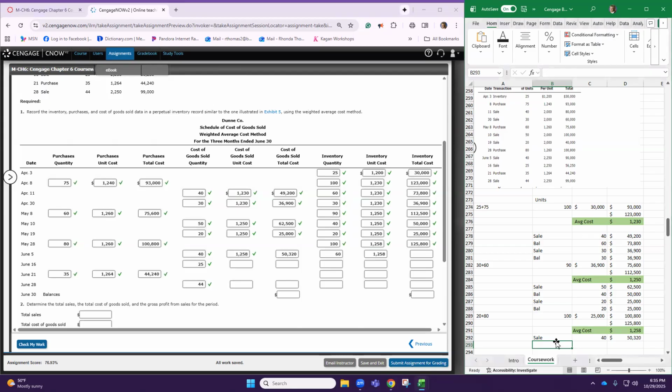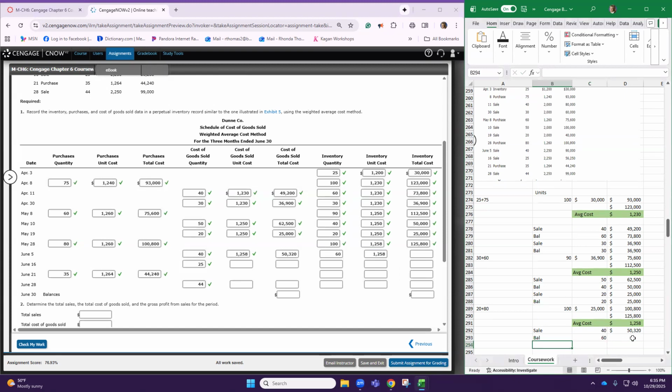So the remaining balance after that is 60. So we have 100 and subtract 40. And then we take that times the new average cost.